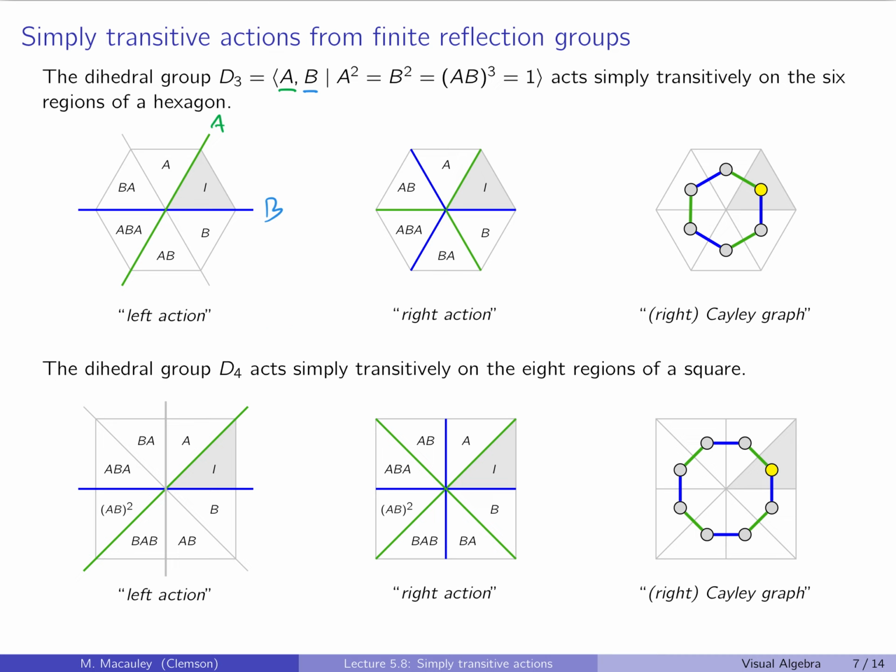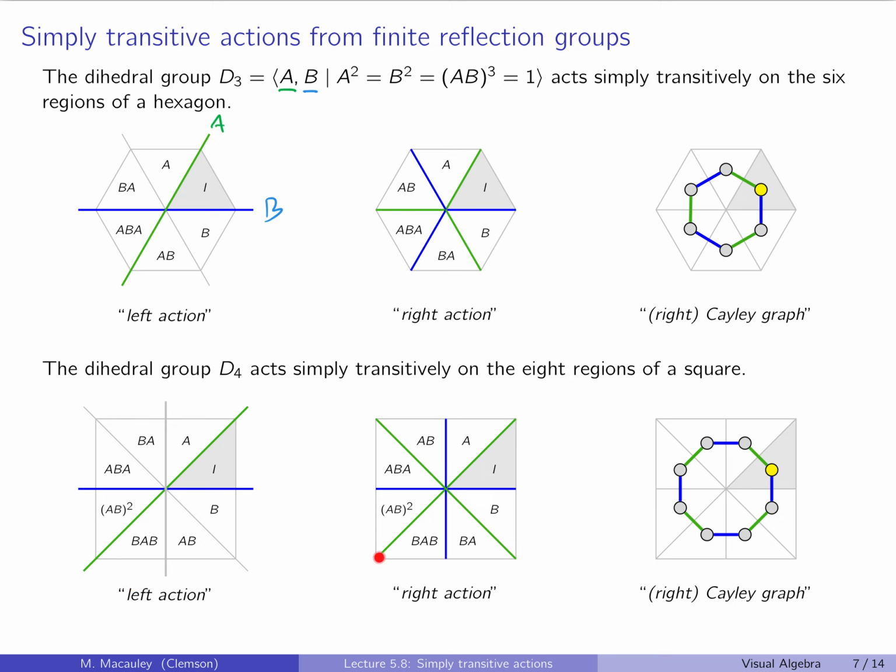I think it's more natural to construct a Cayley graph with the right action, because that's what we did in the previous slide. We just put a node in every region, and then we put an edge anytime that we have two regions that differ by crossing a wall. So this is D3, but we can also do the same thing for D4.